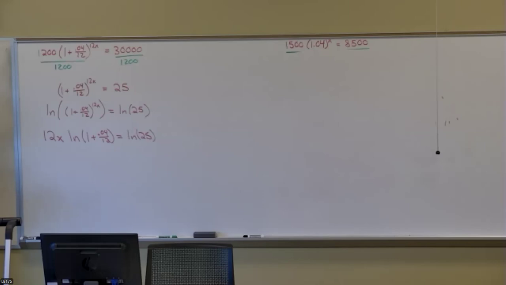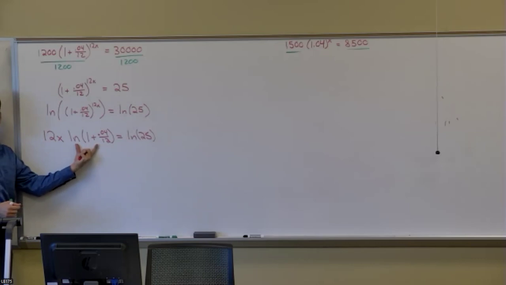When you solve this, you have to understand that 12x times natural log of this number. This is a numerical value. This is also just a numerical value. It's an ugly irrational numerical value, but it's still a number, right?